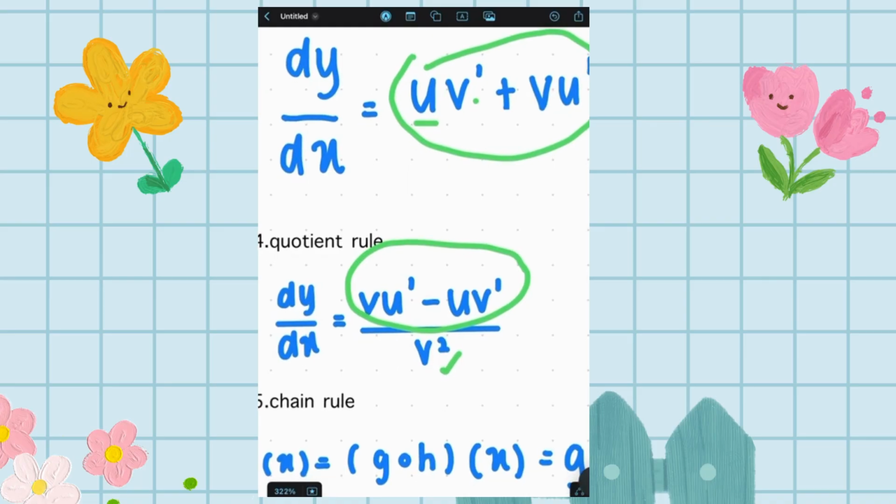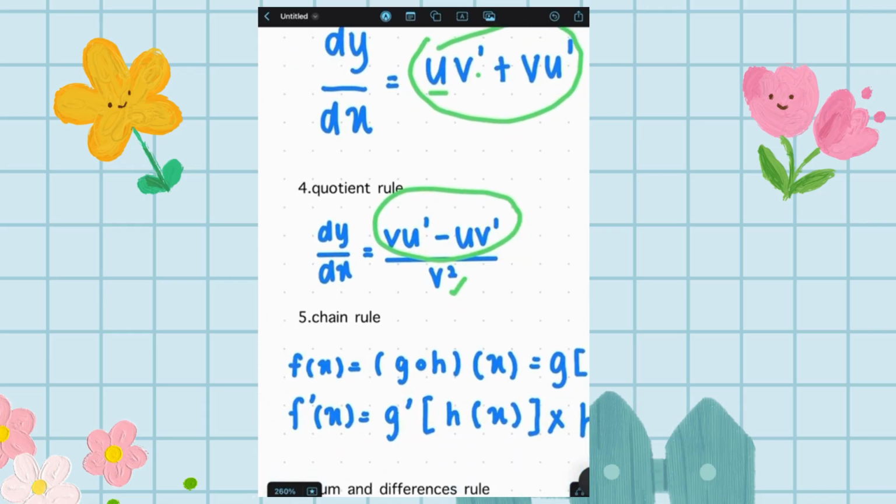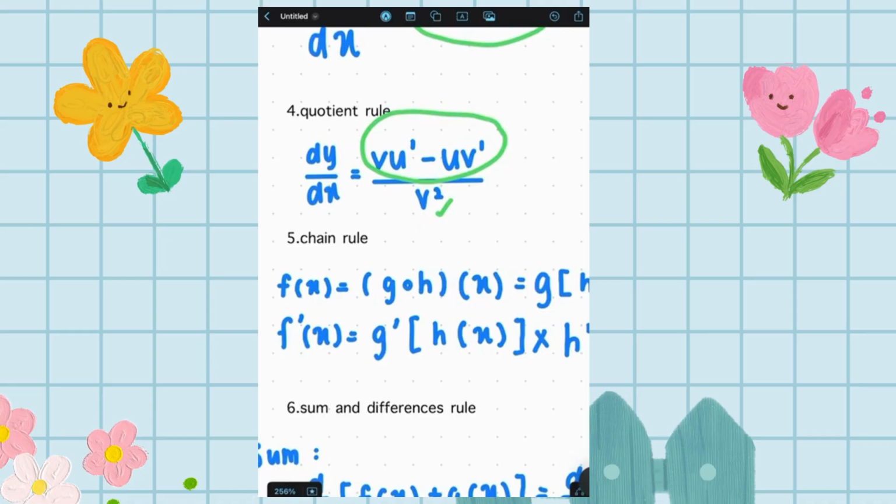The quotient rule: dy over dx equals v u prime minus u v prime over v to the power of 2.